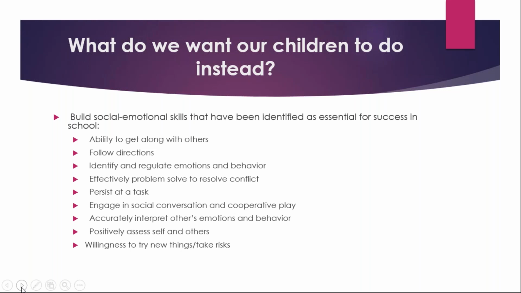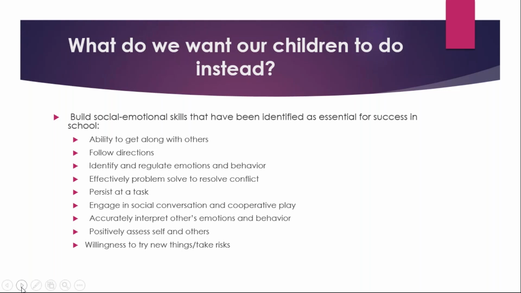Even as we grow into adulthood, we have to learn how to get along with peers. Persist at a task, even though something is difficult, the child will continue to persist or keep trying to get it correct because they have those social emotional skills. We want to make sure they positively assess themselves and others around them, and they have the willingness to try new things and take on different tasks and risks throughout the classroom.